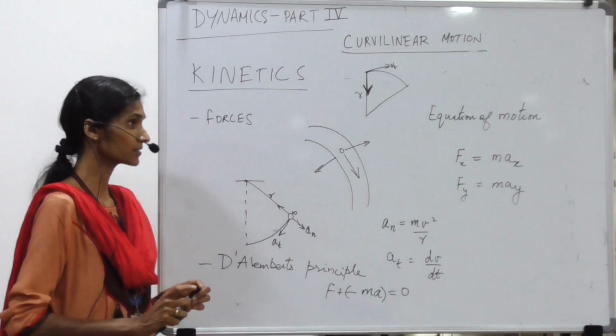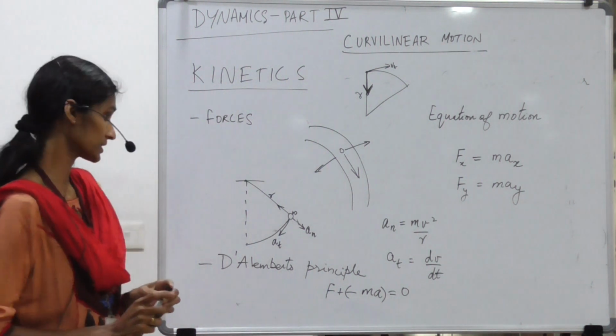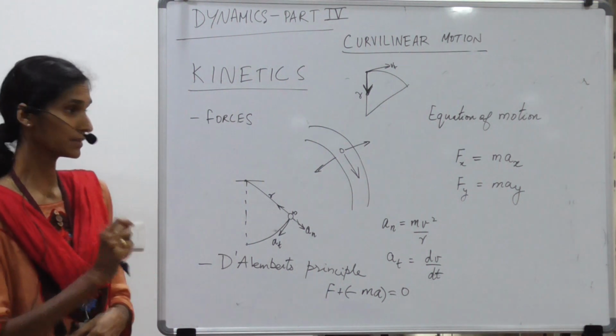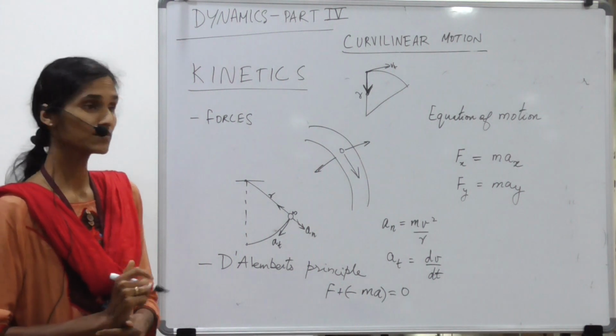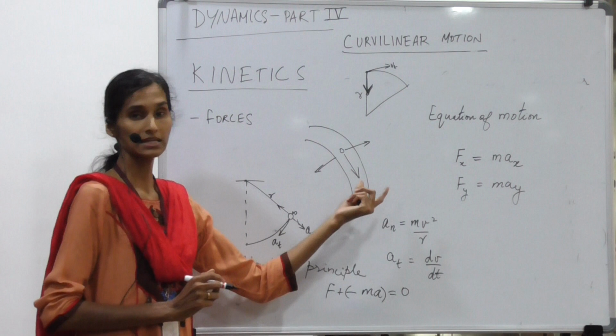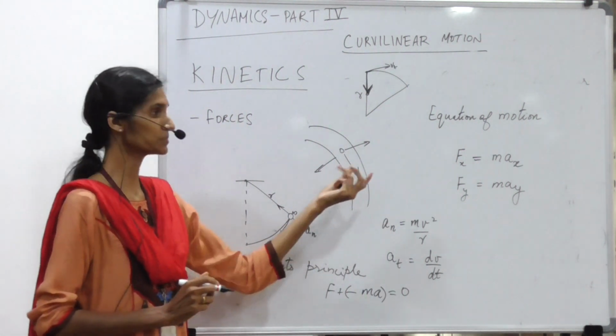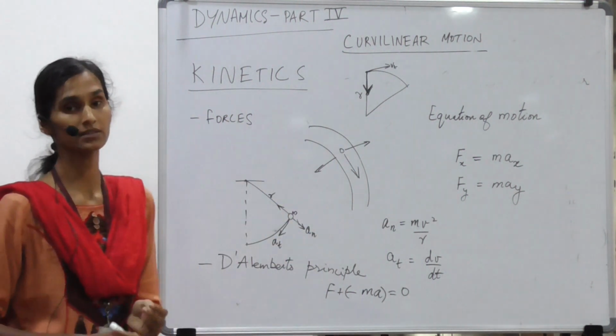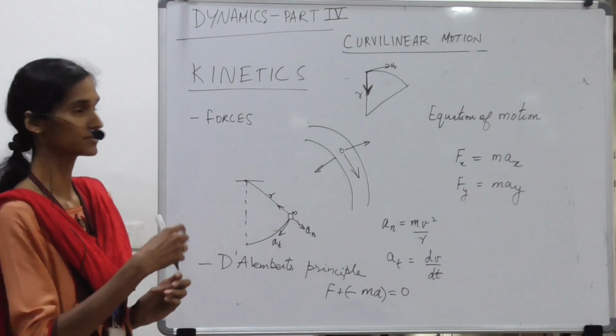Now, the same principle of D'Alembert's principle for rectilinear motion can be applied in this case as well, in which we consider that this ma is an inertia force which is preventing the motion of the body in the direction of that force.